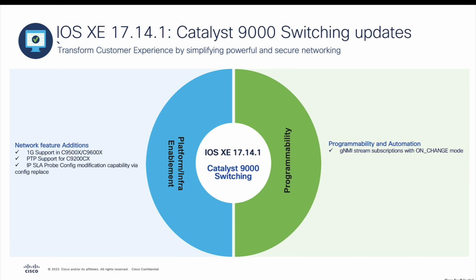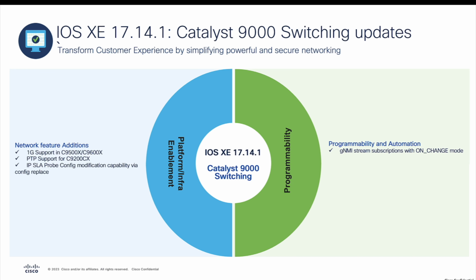Our focus will be on two key areas: platform and infrastructure enablement and programmability and automation. We'll explore the new feature additions such as 1 gig support on the 9500X and 9600X platforms, PTP support for the 9200CX, and the ability to modify IP SLA probe configurations via config replace.